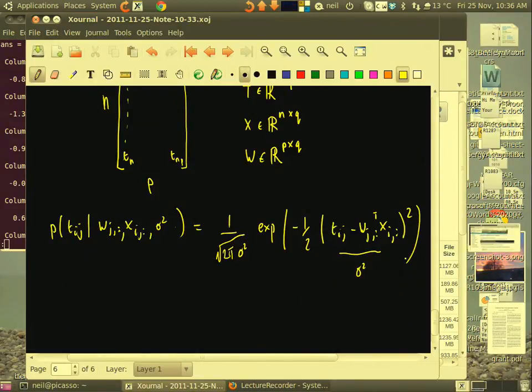So this is just like the standard regression likelihood we've been writing down, but in the regression likelihood there was only one W, yeah? There was just one vector W, we didn't have a matrix of W's, and there was just one vector of outputs. So we're just adding this index J. But what we need to do here now is ask the question, what does the ith data point likelihood look like?